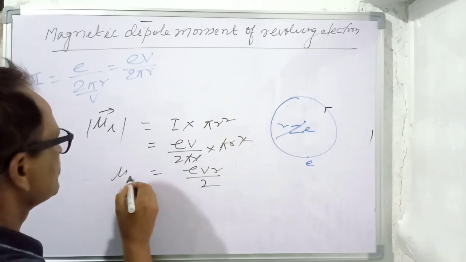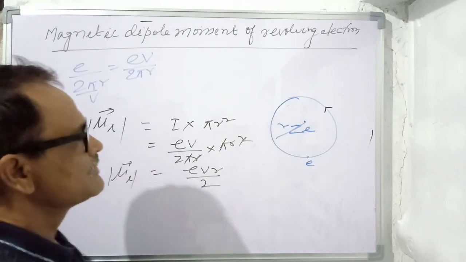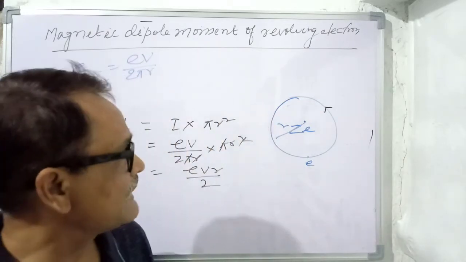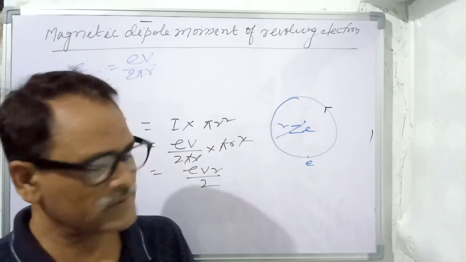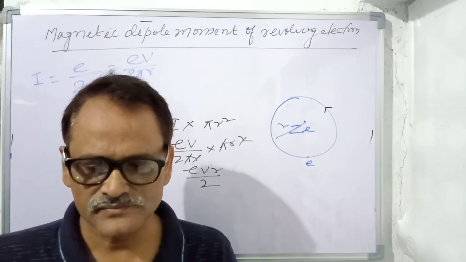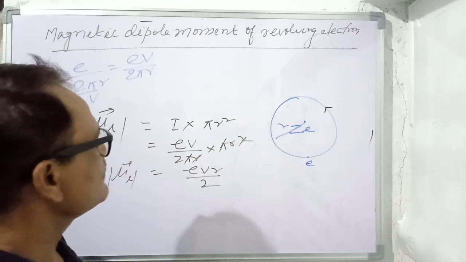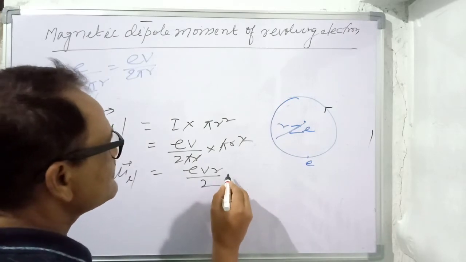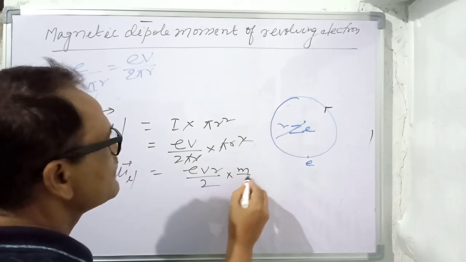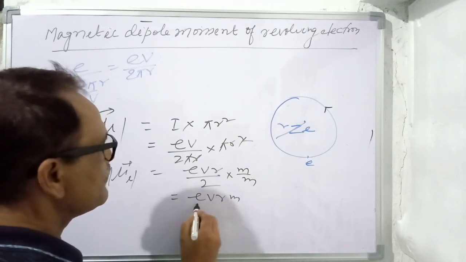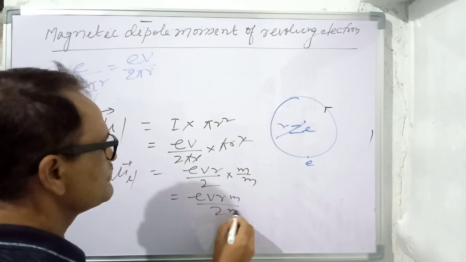This is the magnitude of the magnetic dipole moment produced by the revolution of electrons around the nucleus. Now I am going to multiply the numerator and denominator by m, and we get evrm by 2m.